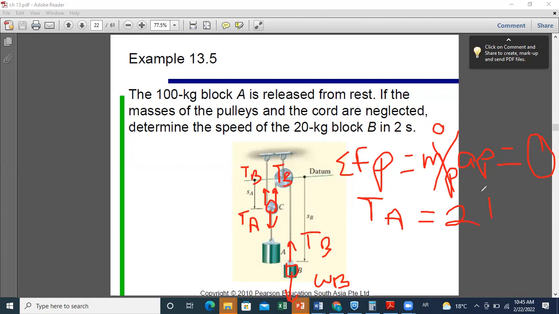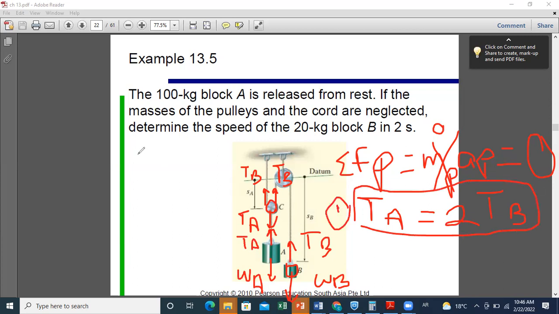Okay, and now when you take your block A, what are the forces acting on it? You have TA and you have the weight of A. Okay, then what are your unknowns? Let us determine our unknowns. TA, TB, but we already found a relation between them. So this is my first relation.